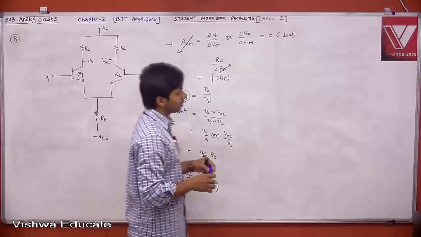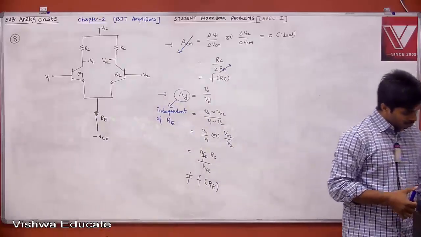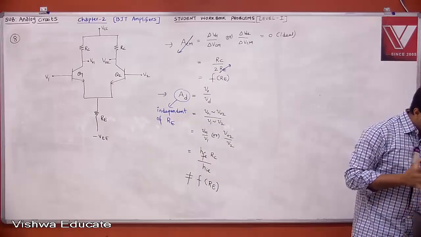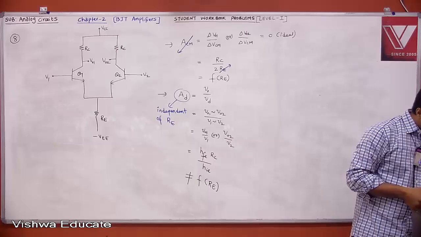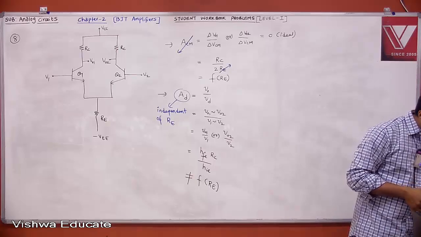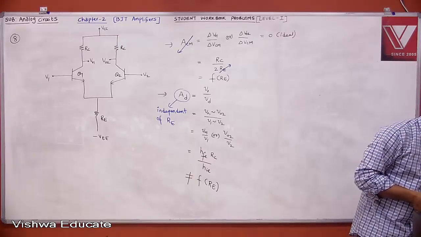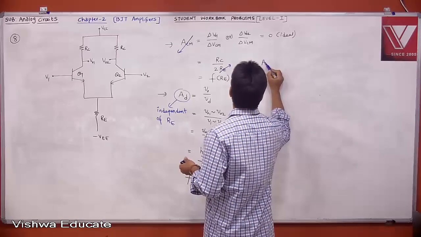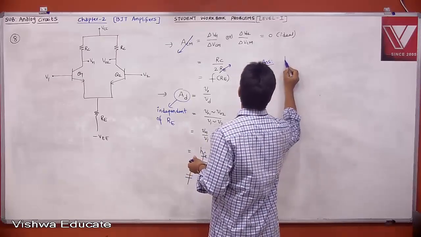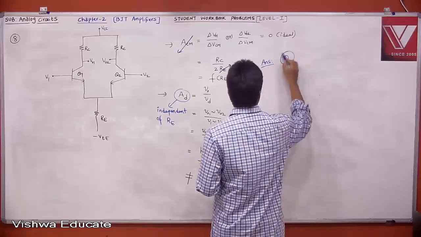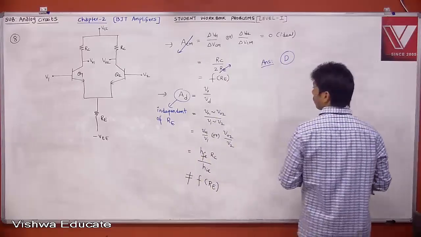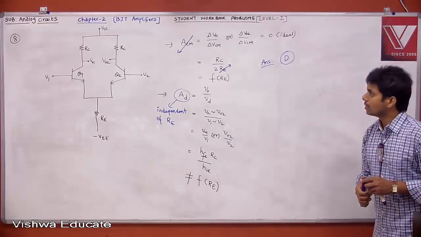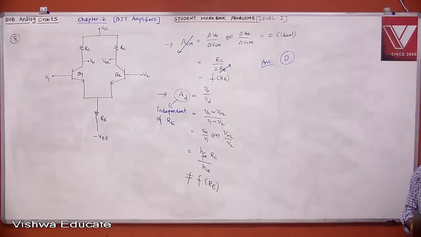Therefore what is the answer? Your common mode gain decreases, your differential gain is not affected. Therefore which option is satisfying? Option D. Answer is D. Take it. Next we will solve problem number 9.